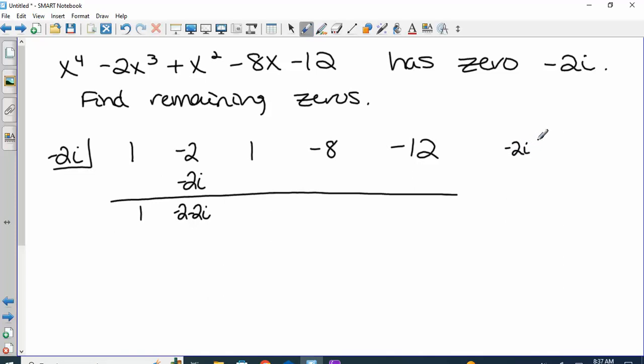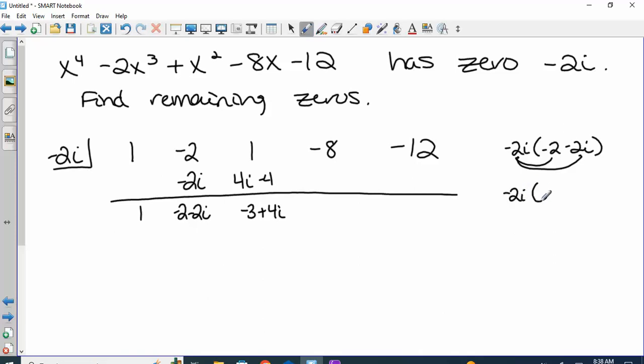So now I'm doing negative 2i times negative 2 minus 2i. Is everybody with me so far? Okay, so negative 2i times negative 2 is a positive 4i. Negative 2i times negative 2i is 4i squared, which is negative 4. So when I add like terms, 1 minus 4 is negative 3 plus 4i.